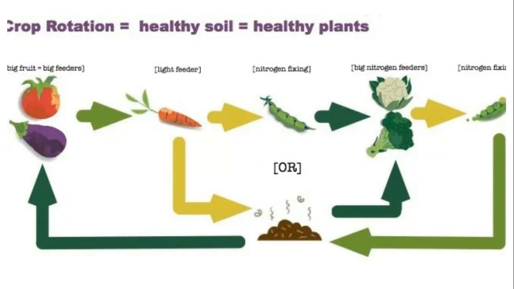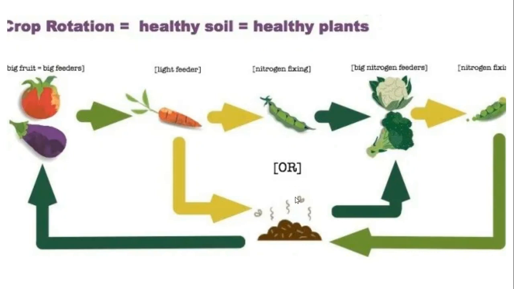So these rotations can be flexible. Here's an example of what they're calling their big feeders, tomatoes and eggplants and things, followed by a light feeder, which is a root crop like carrots. And then they have two options after the light feeder. Either they grow a heavy giver, like a nitrogen fixer, beans or peas or something, or they're going to apply manure.